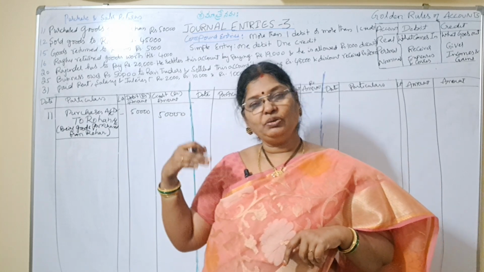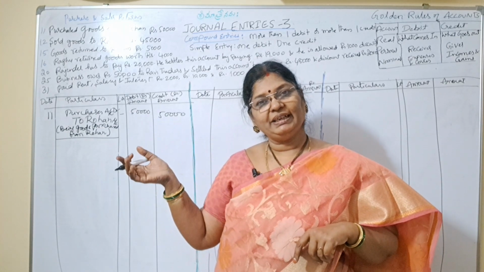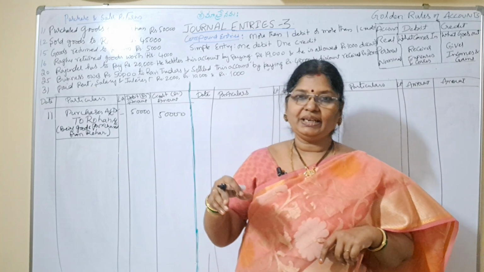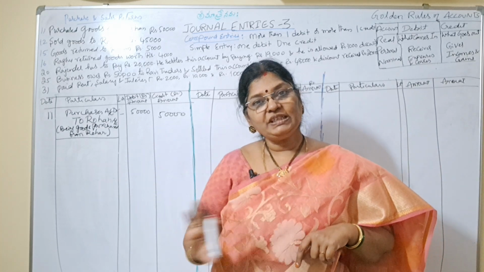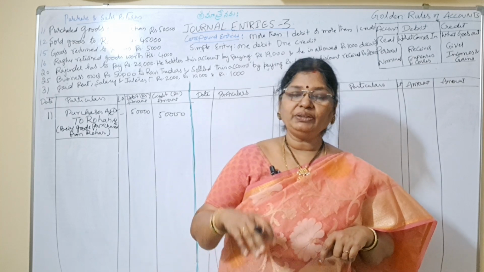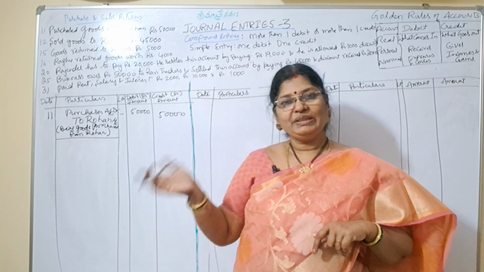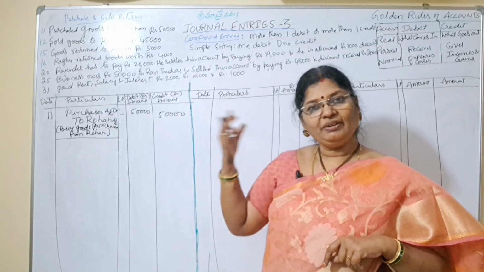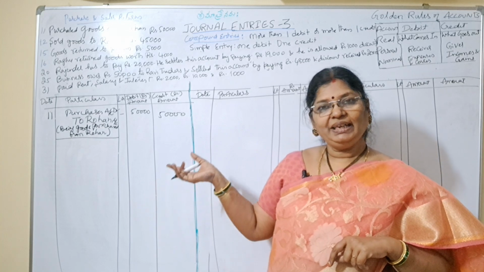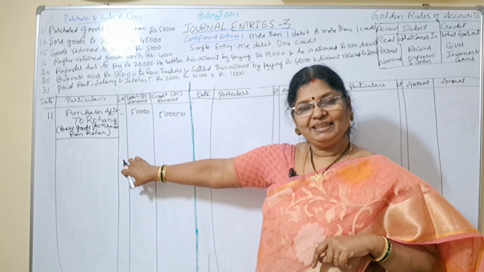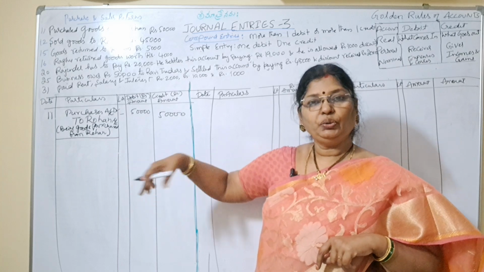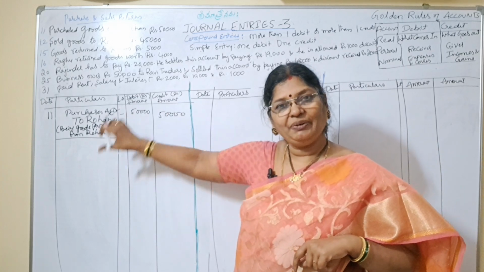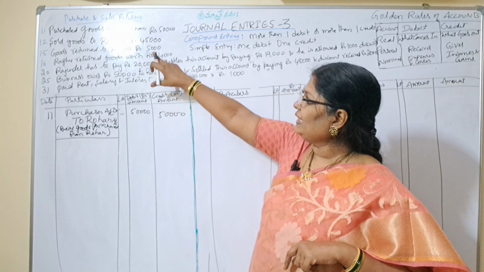If the amount is paid through bank, bank account debit to sales account. But here no amount is paid through cash or bank, so when we sold on credit, we write the name of the person who is buying from us, to whom we have sold our goods.